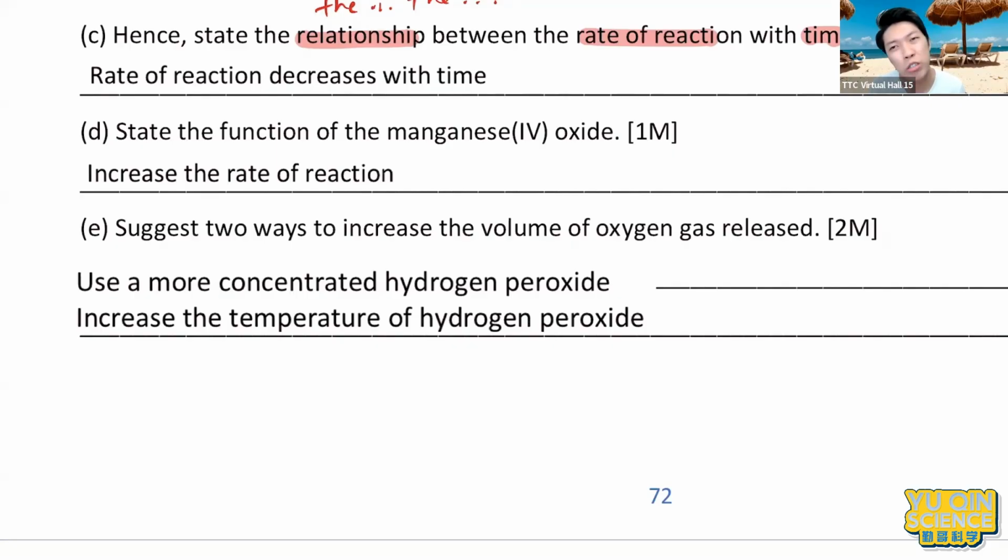Pressure also can, but no problem, go ahead. But usually in a science lab it is very difficult to use pressure to increase the rate. Pressure is only used in industrial processes like Haber and sulfuric acid, the last part of this chapter. That's when we use pressure, but nonetheless we avoid pressure for this case.